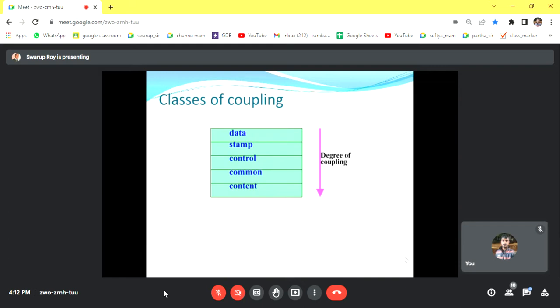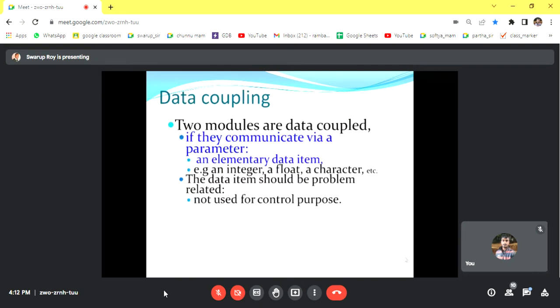Now let's see what is data coupling. It is a very loose type of coupling. Modules contain sets of functions, and some functions access or use the same parameter.